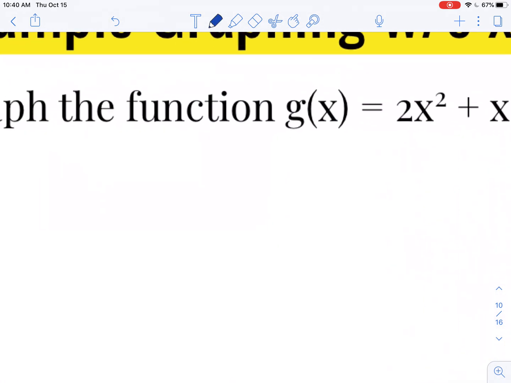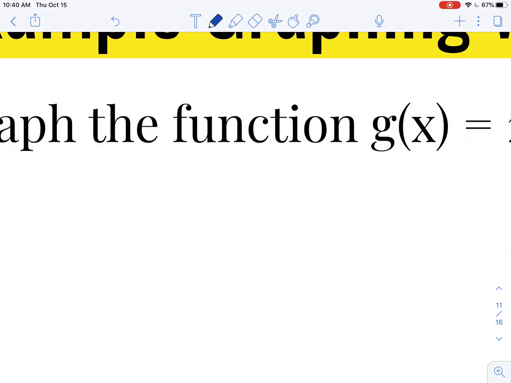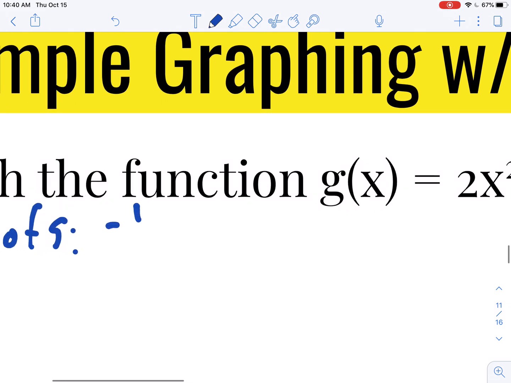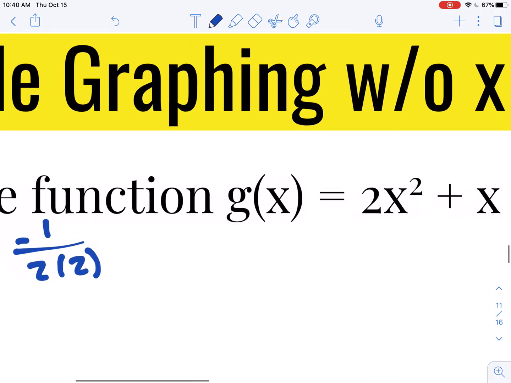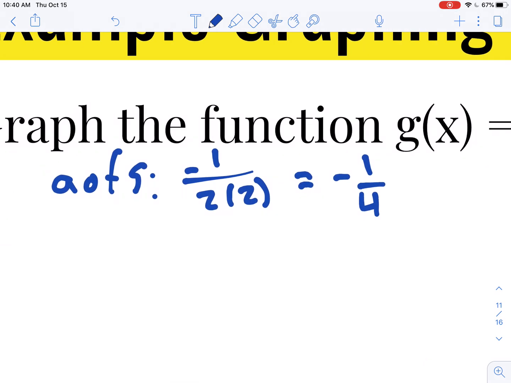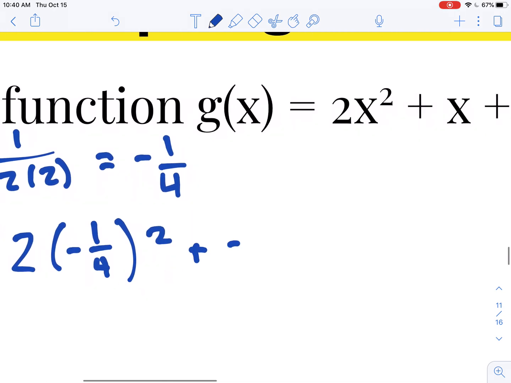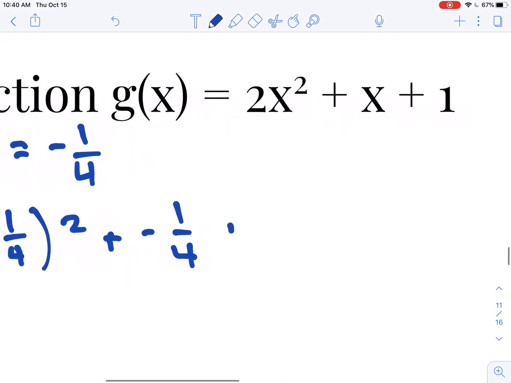So here, the first thing we would do is find our vertex. I need my axis of symmetry, which is going to be at negative 1 over 2 times 2, which is equal to negative 1/4. I need my vertex value, so I need f of negative 1/4. So this is 2 times negative 1/4 squared plus negative 1/4 plus 1.